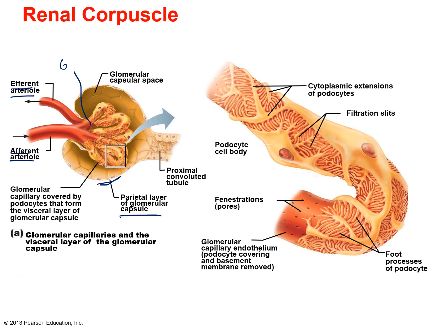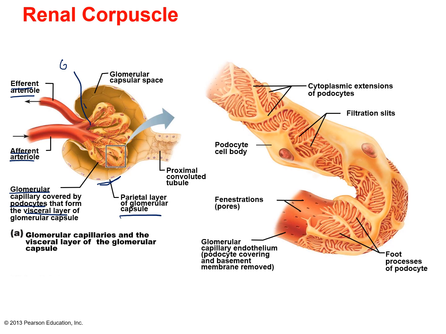The visceral layer is going to be these weird looking cells, those podocyte cells that are intimately attached to the glomerulus. So you have these funky looking podocyte cells with all of those little foot processes and then the little filtration slits. Your podocyte cells form that visceral layer, and you can see it hugging the glomerulus itself. Those are the two layers of your glomerular capsule.